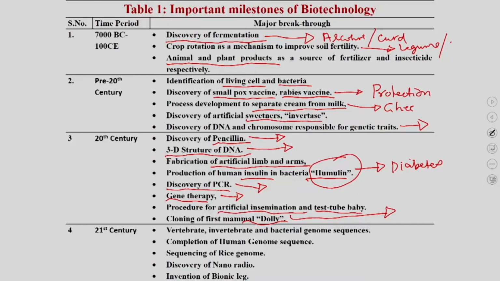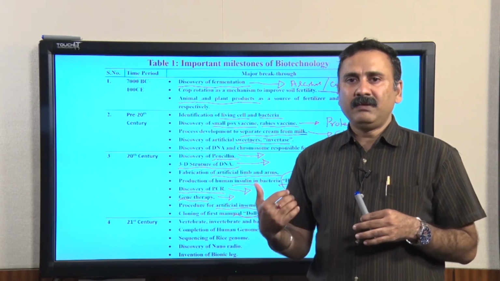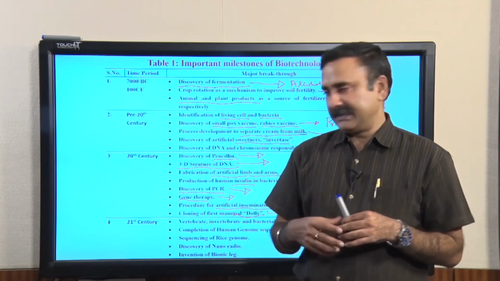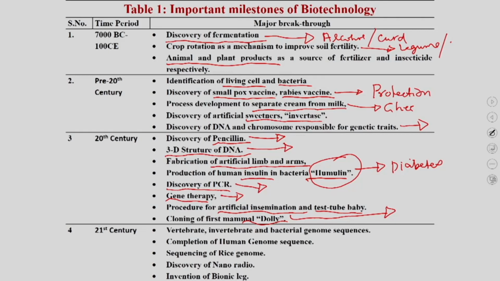So, with the discovery of genomic sequences, humans have acquired the ability to modify and change organisms in such a way that it increases their productivity and makes them more useful for human beings. Ultimately, they also sequenced the rice genome.